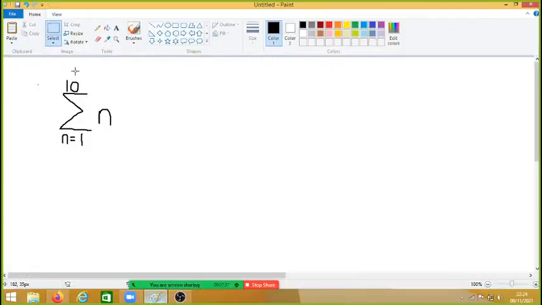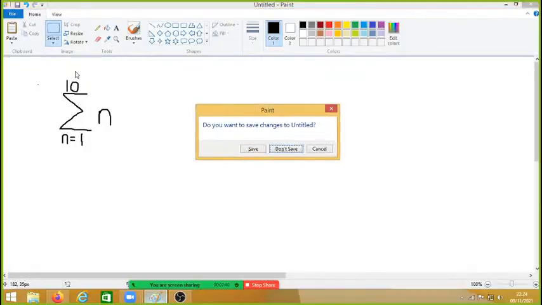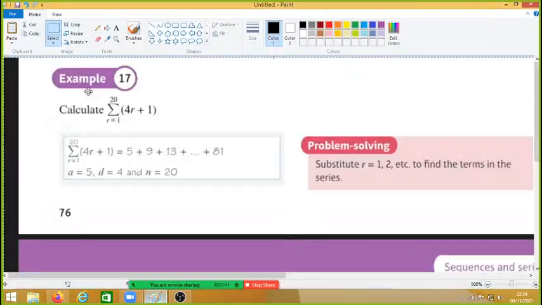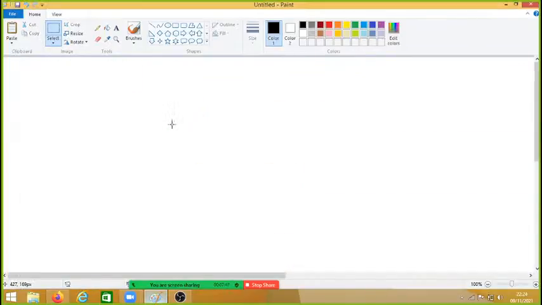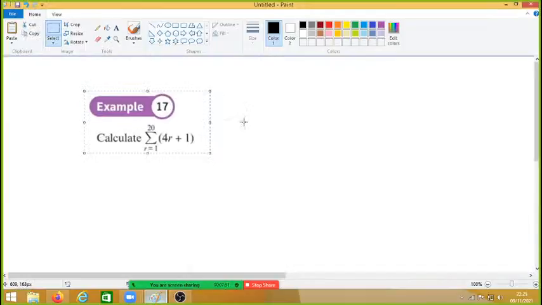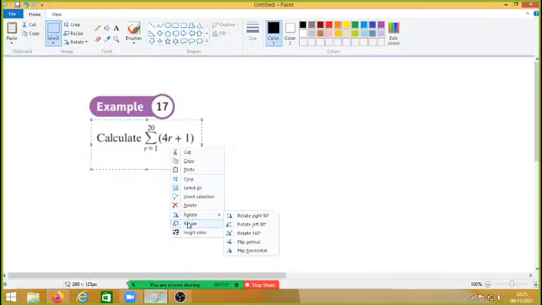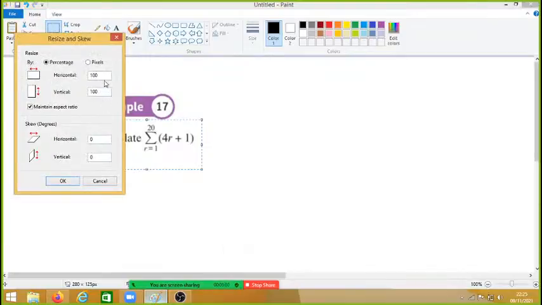Okay, let's go with a more realistic example. So this is example 17, and let's start with just the formula and just the question. It says calculate the sum of, so remember that means the sum of, let's resize that to make it a bit bigger.